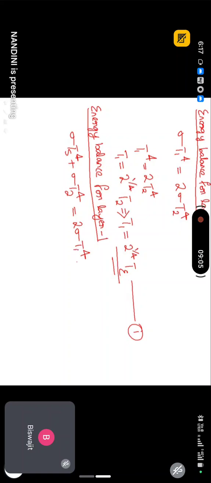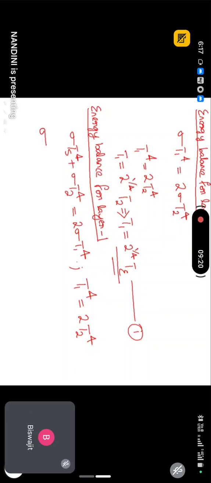From this, we already know that T1 raised to 4 is equal to 2 T2 raised to 4. So if we substitute this in this equation, we will get everything in terms of T2.